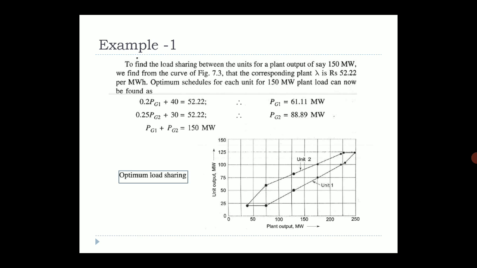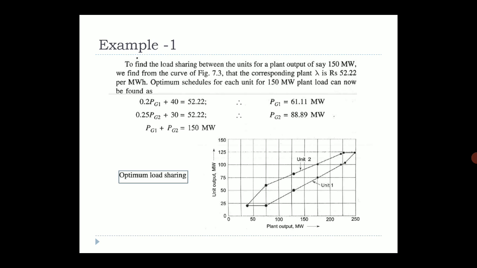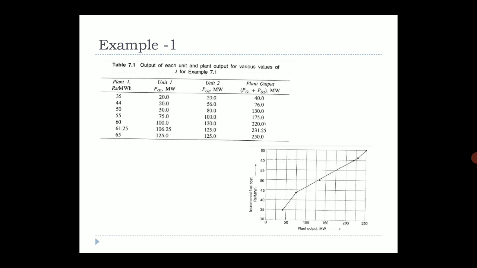So you can see, I need 150 megawatt, so you go to the chart. We can see that with lambda 50 you have 130, with lambda 55 you have 175 as total power.